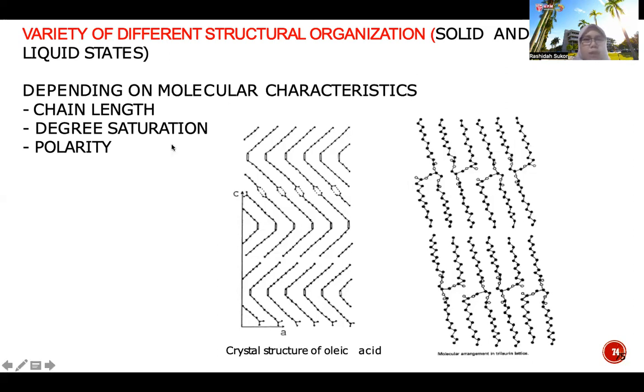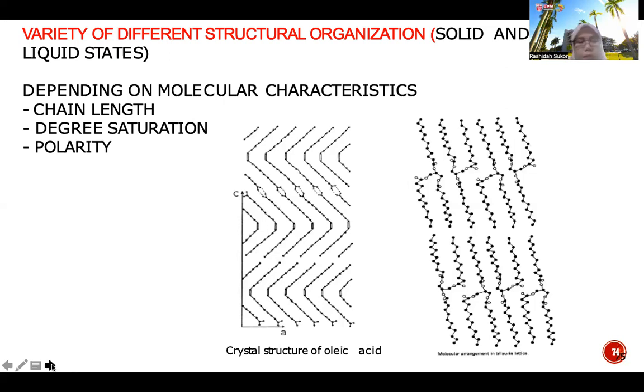Okay, depending on the molecular characteristic, chain length, which we already mentioned in terms of carbon number, and then degree of saturation and also polarity. Polarity, if they have higher carbon, then it will be less polar, more hydrophobic or more saturated.